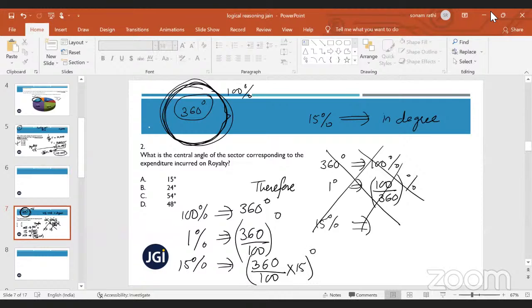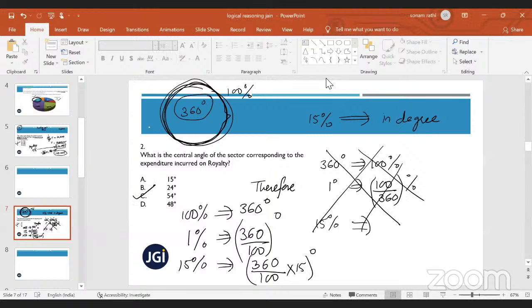This will also be in degrees. So just do the calculation: 360 into 15 by 100. What is the answer coming out? Everyone check your answer. Yes, Pranita, correct. Abhi, your answer is correct. Elisa, your answer is not correct. Hari Krishna, your answer is correct. Rest everyone is giving me the correct answer. So the answer is 54 degrees.